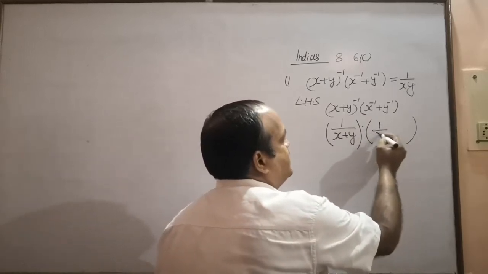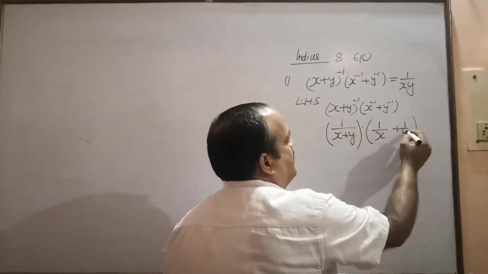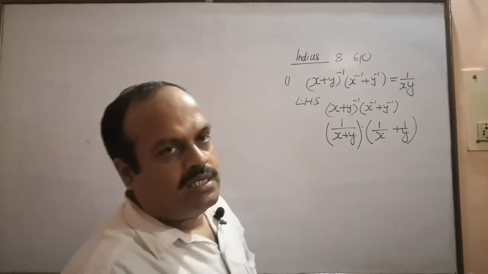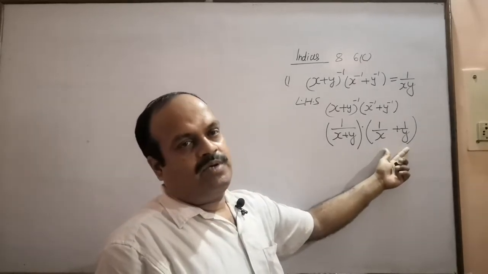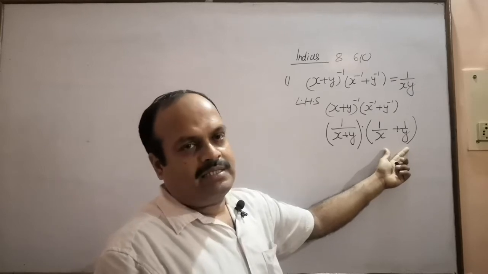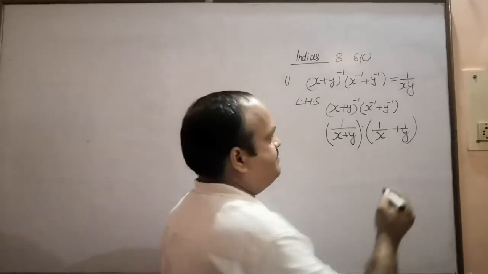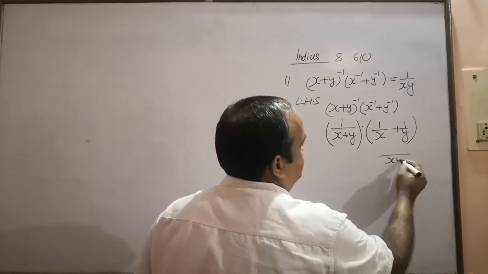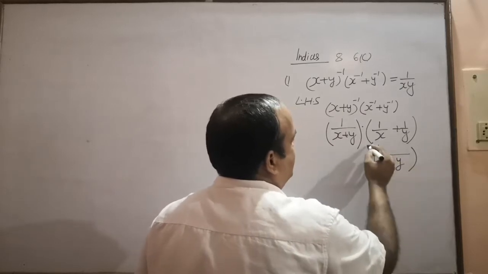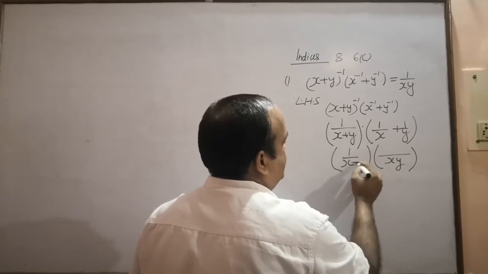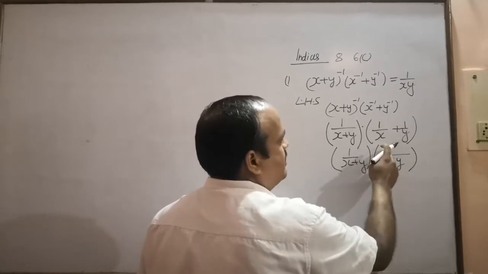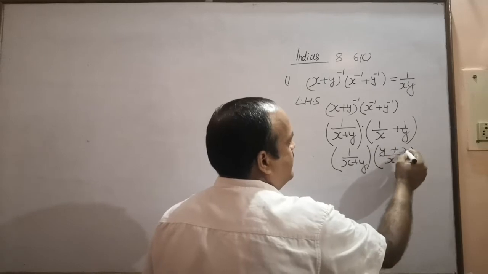So 1 upon x plus 1 upon y. This is the sum of fractions. We can simplify this by finding out the LCM. So LCM of the denominators will be x into y. So we get here y, here x.